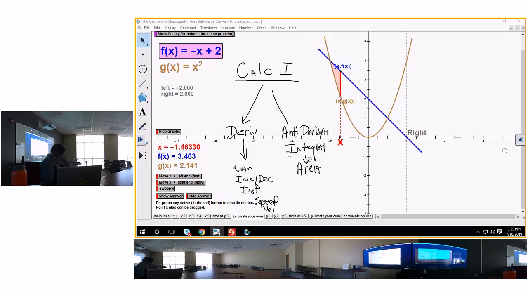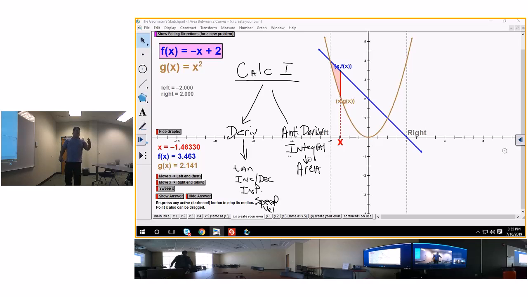Everybody with me? So you have spent Unit 2 learning how to find the tangent.